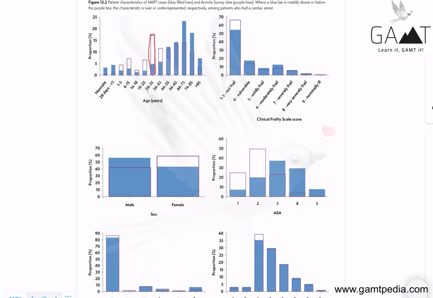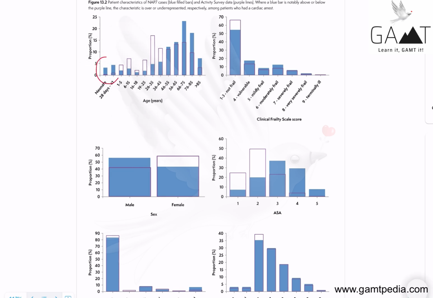So from age 26 to 35, this is the percentage of cases extrapolated from the activity survey. And the blue bar represents the percentage of cardiac arrests within that age group. So when you look at this, as you can see, there's a bimodal distribution.